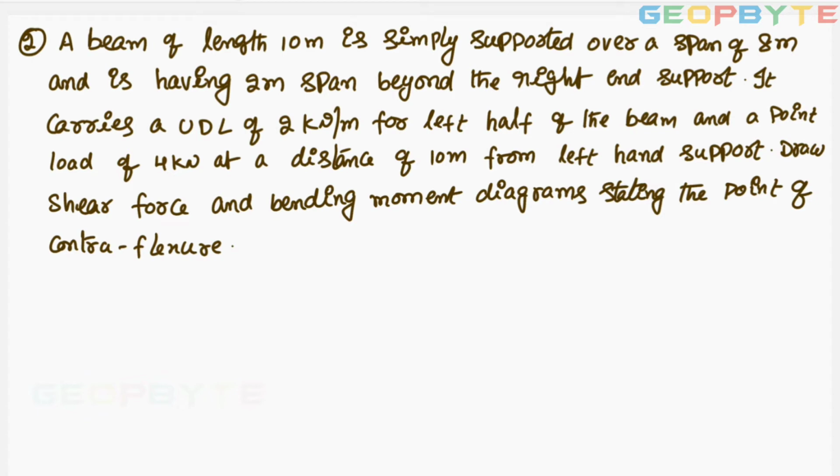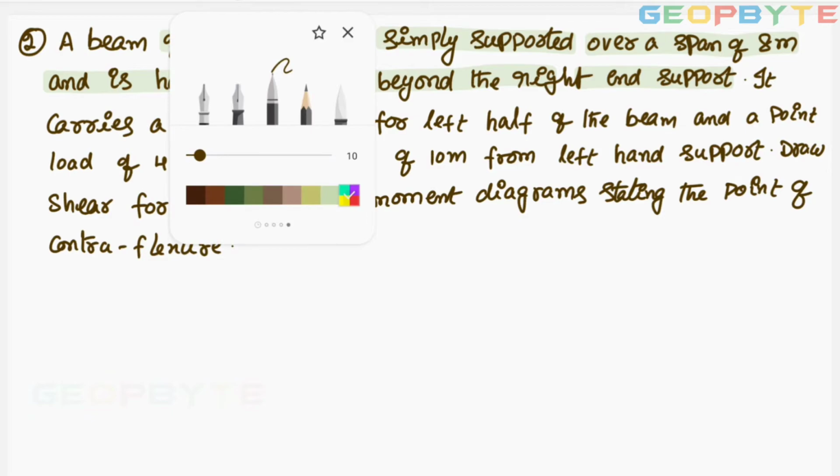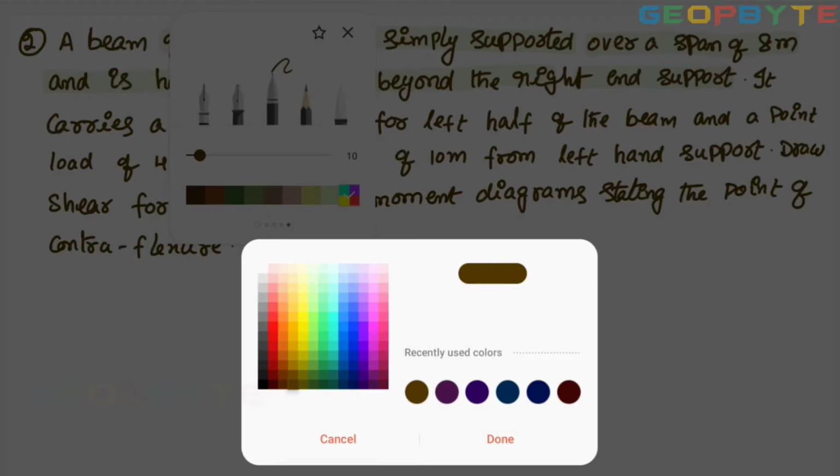A beam of length 10 meters is simply supported over a span of 8 meters and is having 2 meters span beyond the right end support. Okay, it is for overhanging beam. Let us construct the beam first.